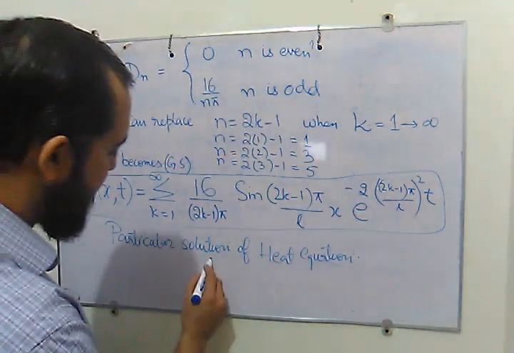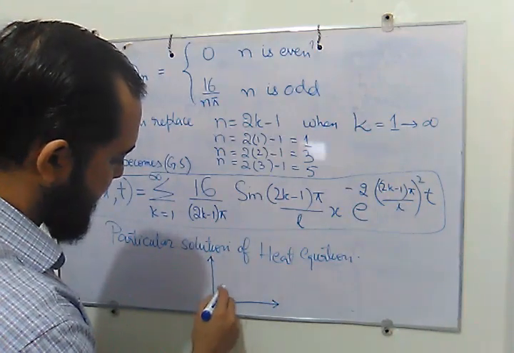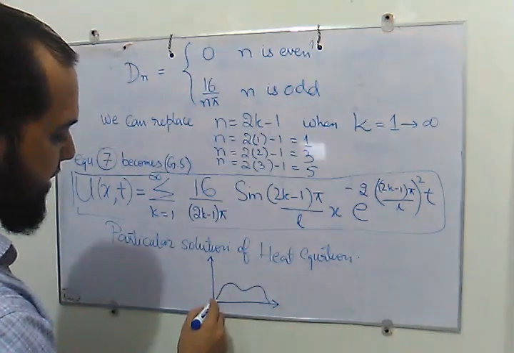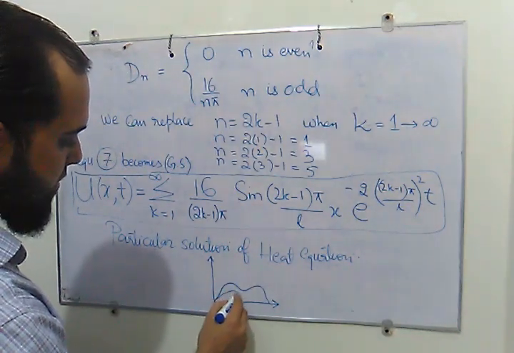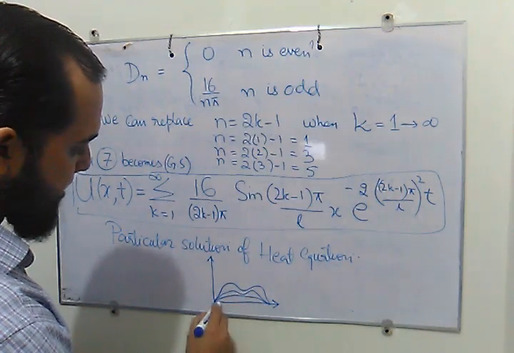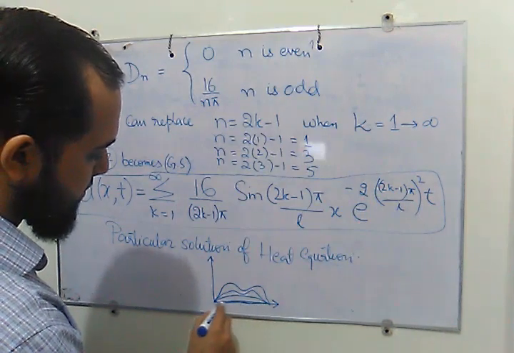So maybe if initially the temperature is something like this, when you increase the t, then finally the whole temperature would be 0.